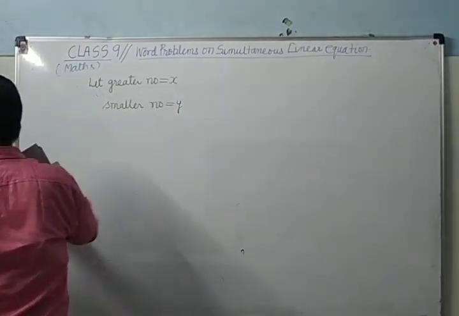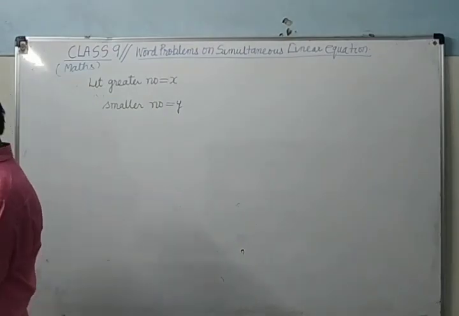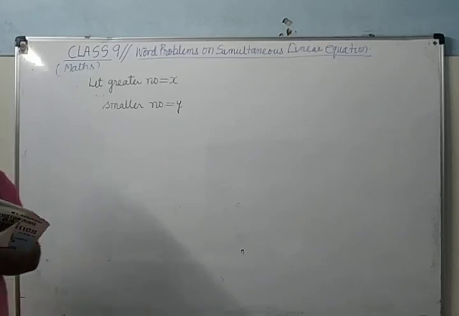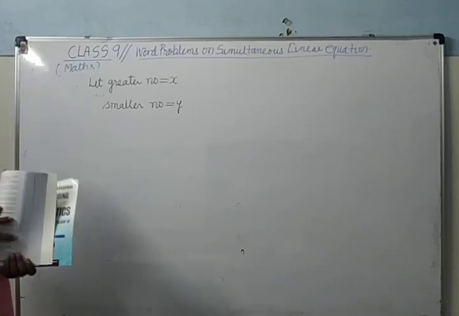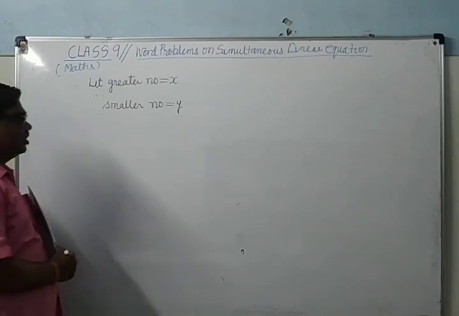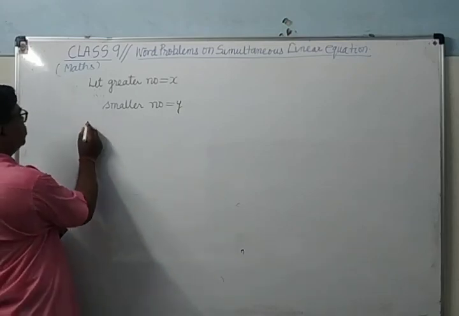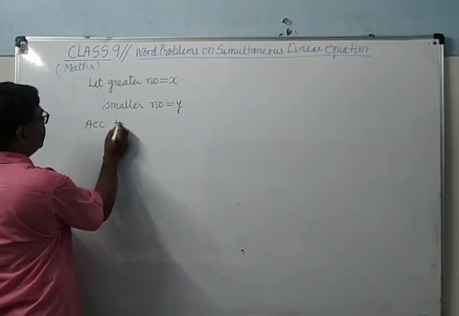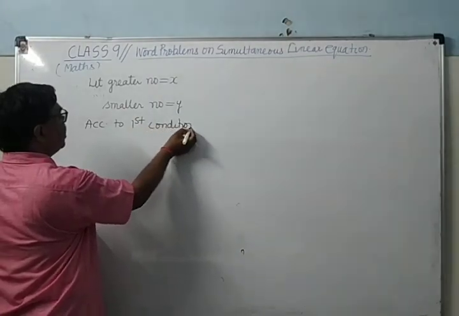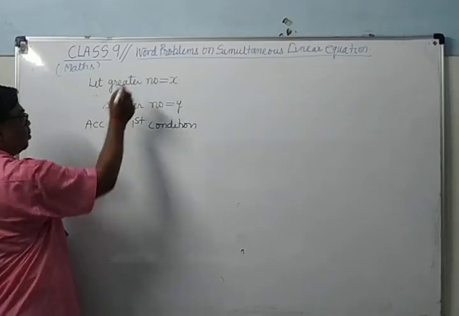Now in the question it is given that from twice the greater of two numbers, twice means 2 times, the greater number's 2 times, 16 is subtracted. So according to first condition, greater number's 2 times, what is greater number?